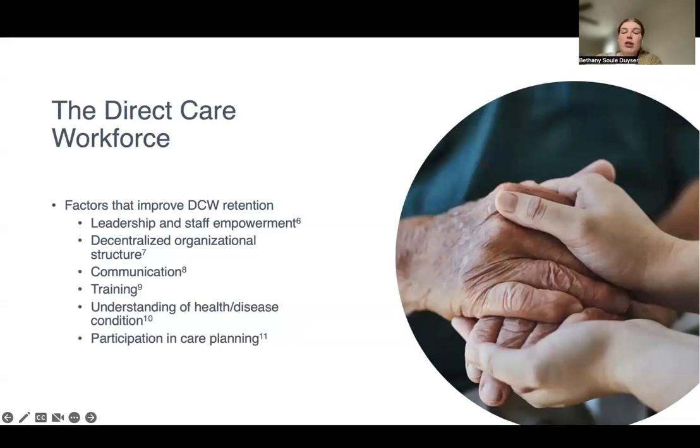Direct care workers report that participation in care planning for the people they work with can improve retention in the workplace. And if you're thinking right now, well, what is the importance of the direct care worker workforce to a physician? I would encourage you to consider the fact that you are probably sharing a lot of these individuals that direct care workers work with, who may also be seeing you for your physician services.